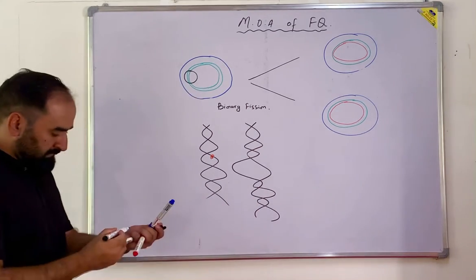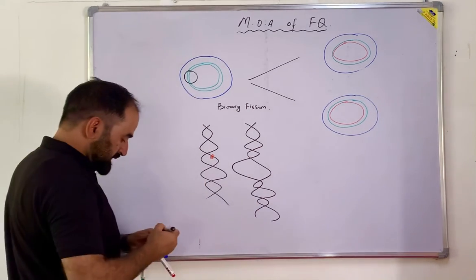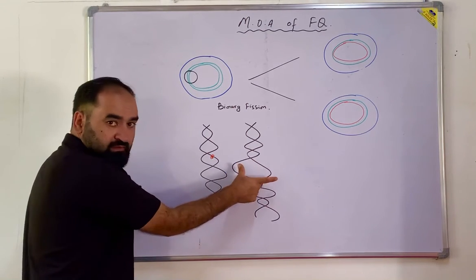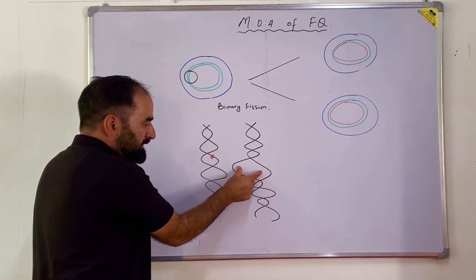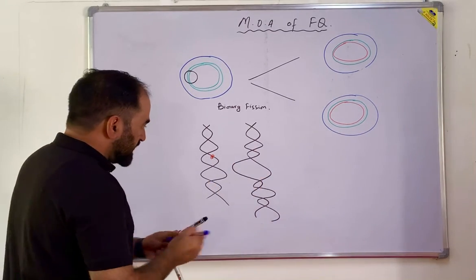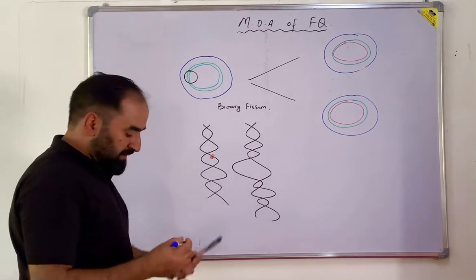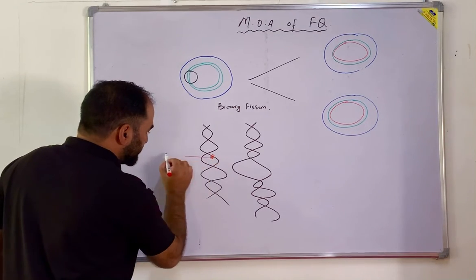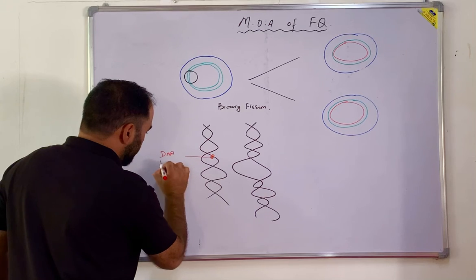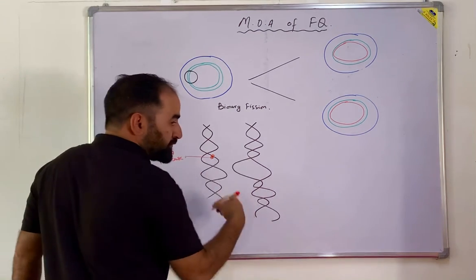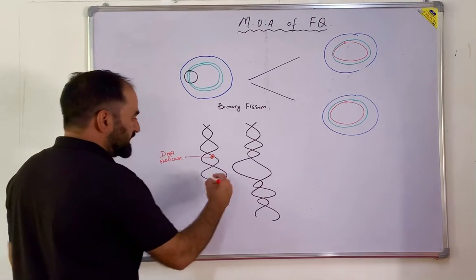See, when it introduces a nick, there occurs separation of the DNA. This is called the replication fork. Then new enzymes come into action. This is your DNA helicase. After that, DNA polymerases come into action.